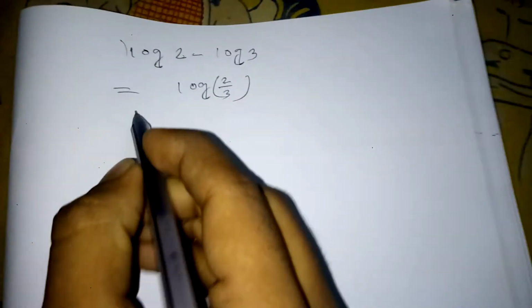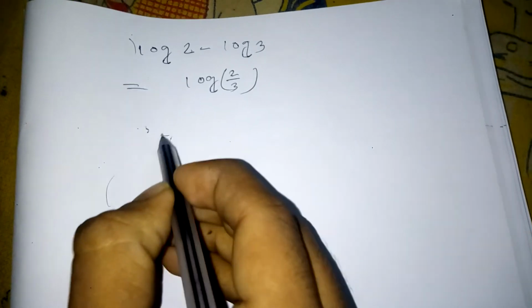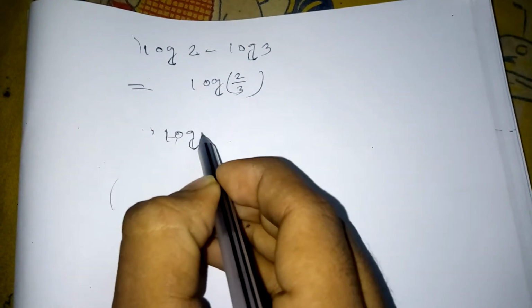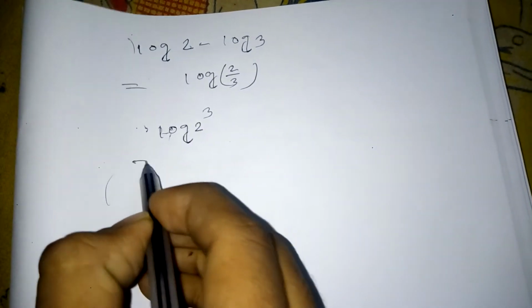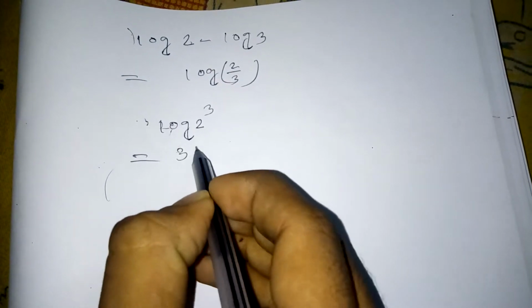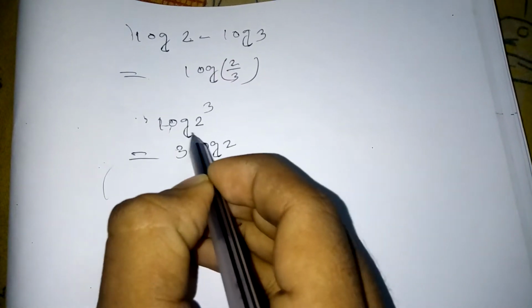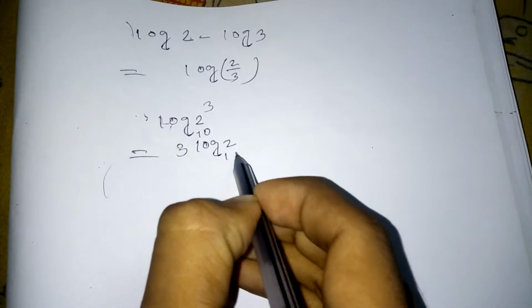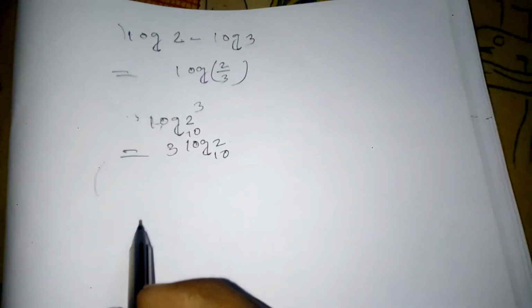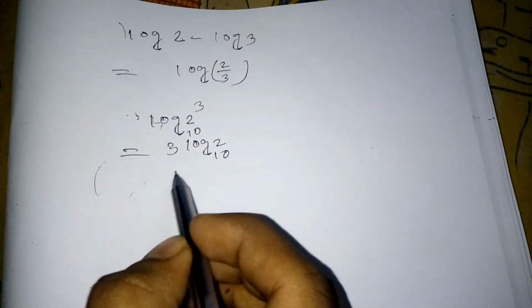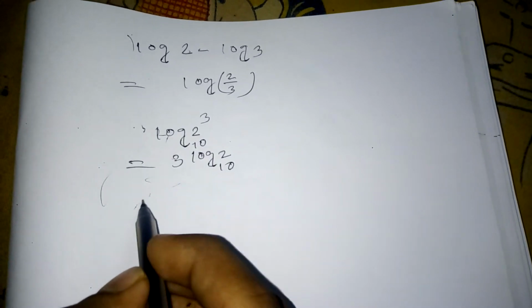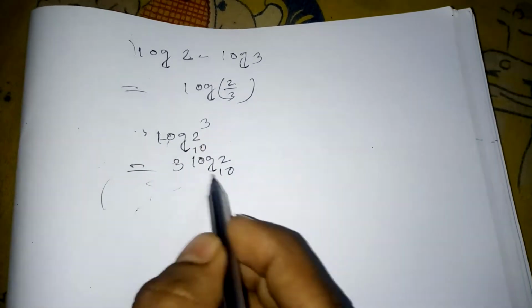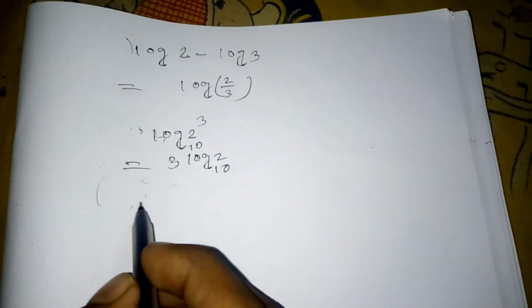Another one, log of 2 cube is equal to 3 times log 2, if the base is 10. And so on.